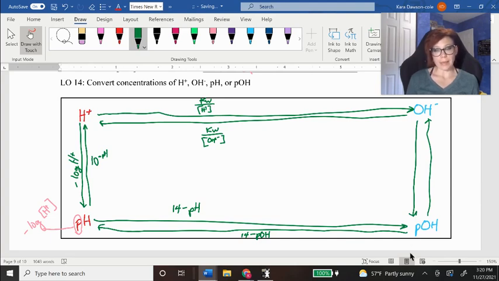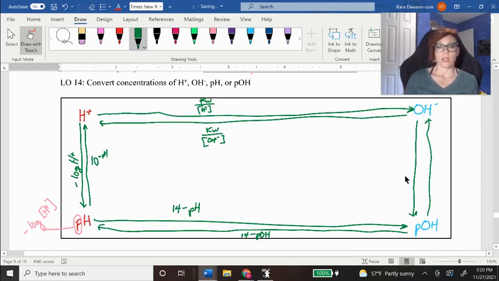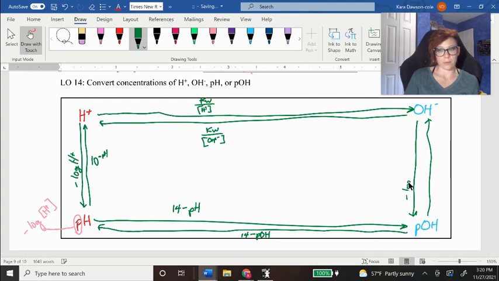Again, P stands for negative log. So going from OH minus to pOH is the negative log of the hydroxide ion concentration. And going back is 10 raised to the minus pOH.